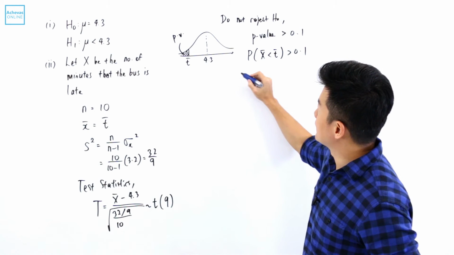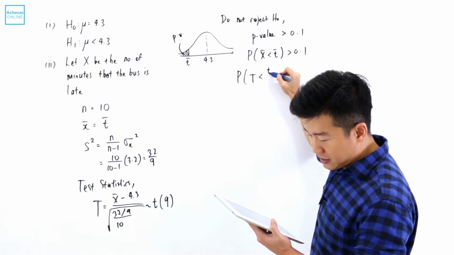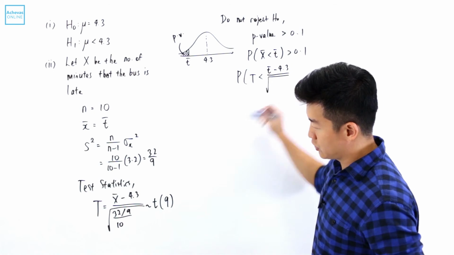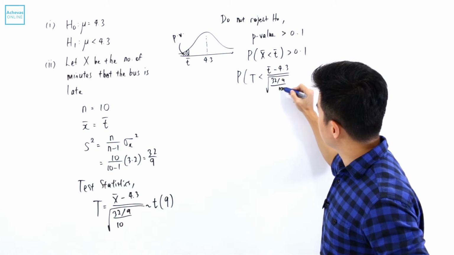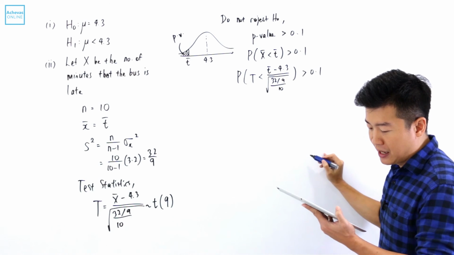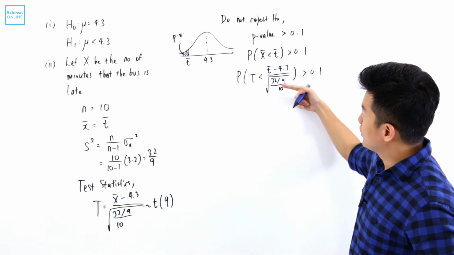Standardizing this, it is the probability that T is less than T bar minus 4.3 divided by square root of 32 over 9 divided by 10, and this has got to be bigger than 0.1. I'll press my calculator for inverse t to get the value of this.